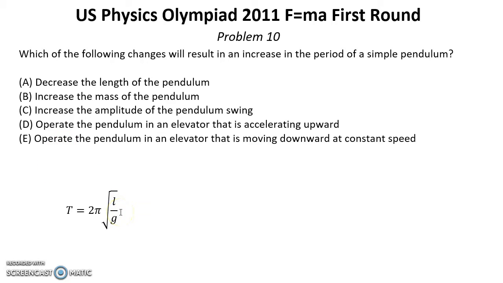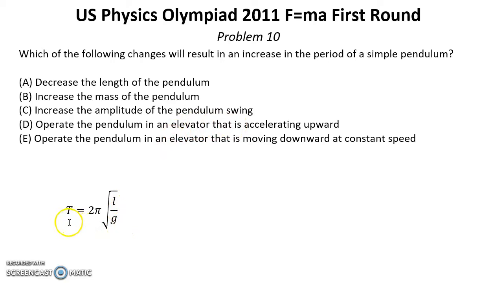So at first view we cannot say that amplitude has influence on the period, but let's do it later. D: operate the pendulum in an elevator that is accelerating upward. If it's accelerating upward, our effective acceleration of free fall will increase by the acceleration of the elevator.